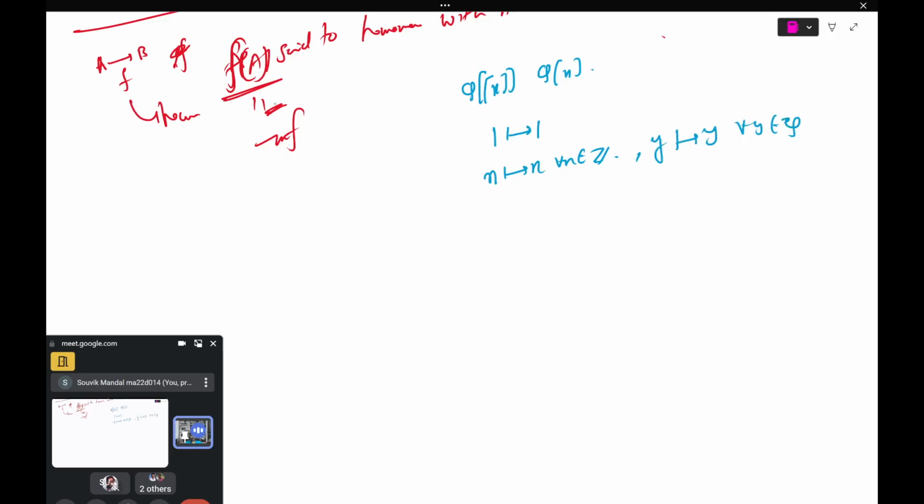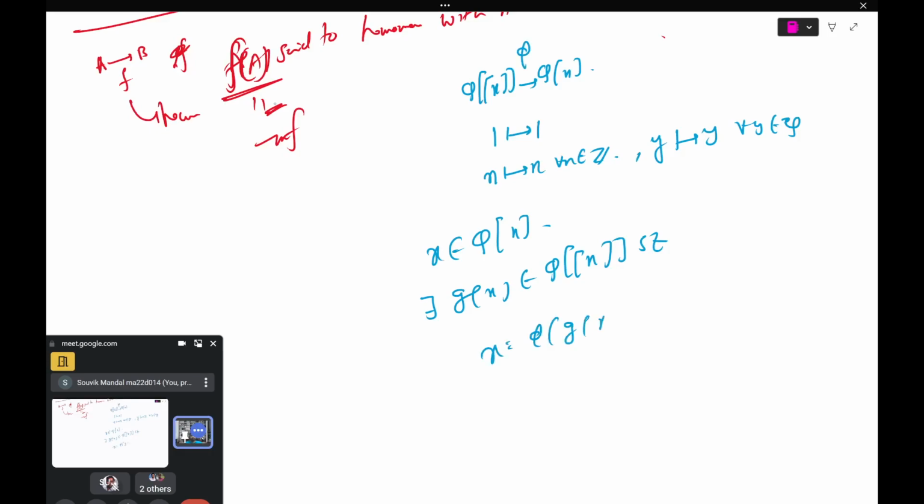Now, since phi is given to be surjective, x belongs to Q[x], right? So there must exist some g(x) belonging to Q[[x]] such that phi(x) equals pi(g(x)). Now what is g?